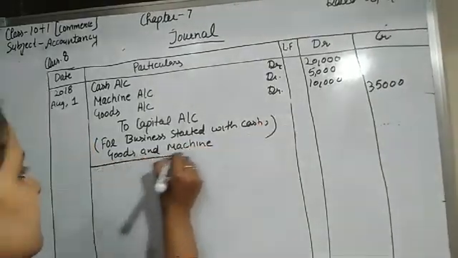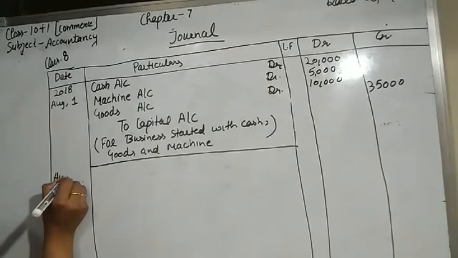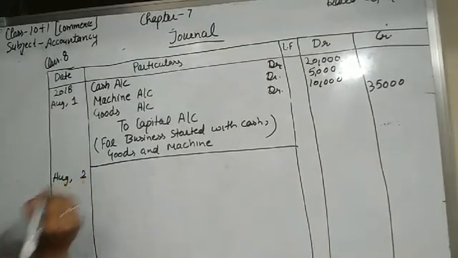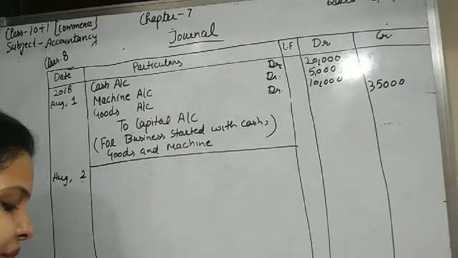Clear, students? Next journal entry is August 2nd. The year is same, 2018, and the transaction is goods purchased for cash from Hari and from Mohan.